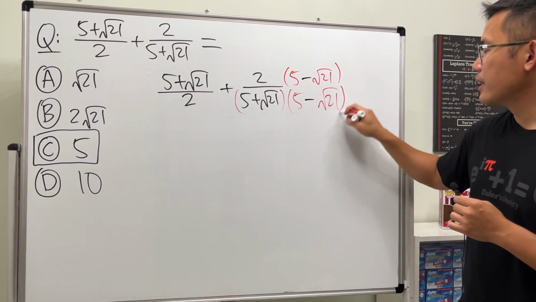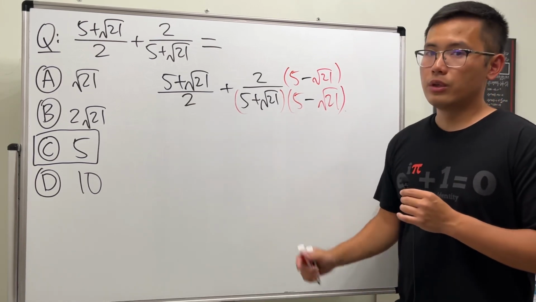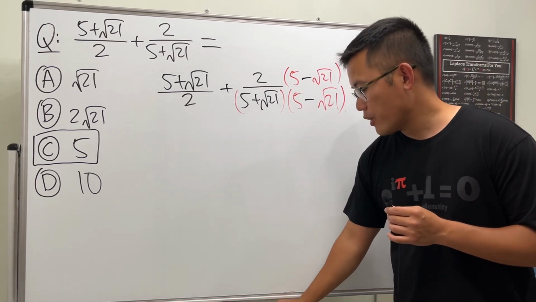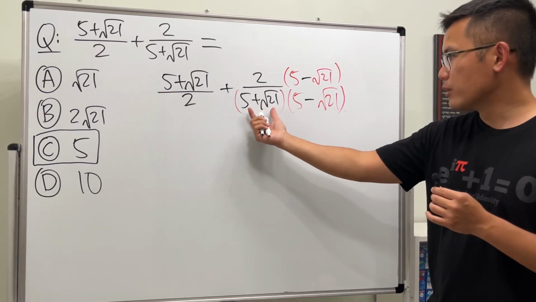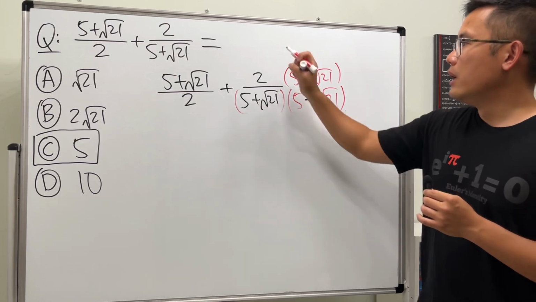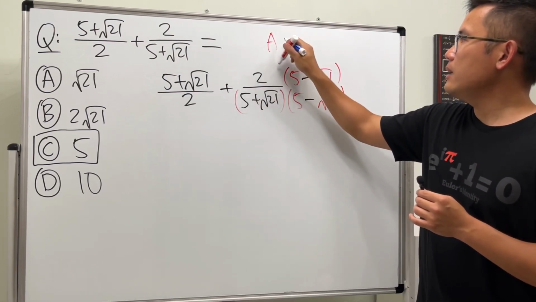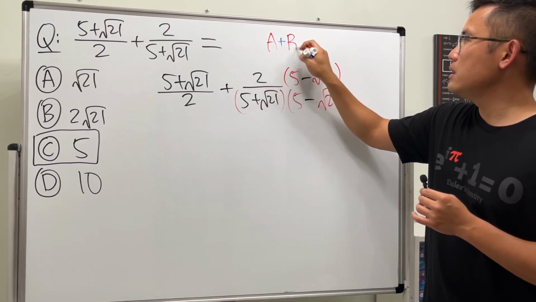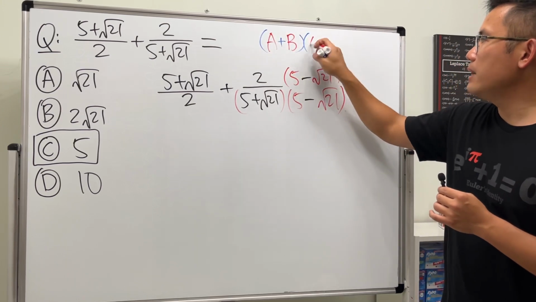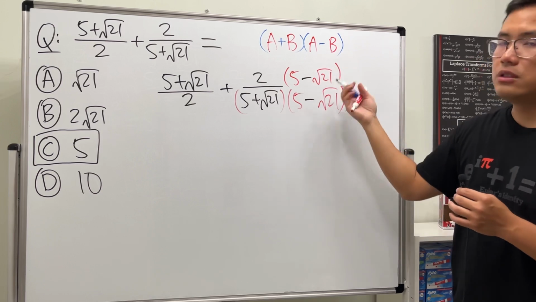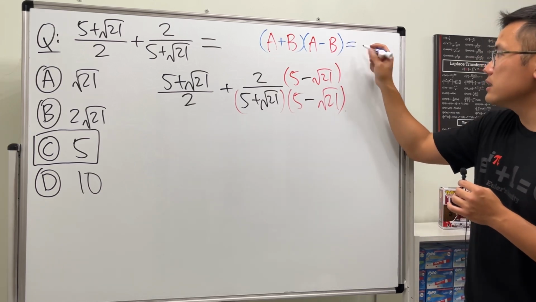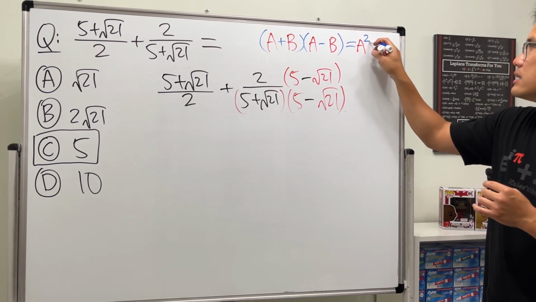Cool. Now, the reason that we want to multiply the conjugate is because whenever we multiply an expression in this form, a plus b times a minus b, in fact, we end up with a difference of two squares, and this will give us a squared minus b squared.